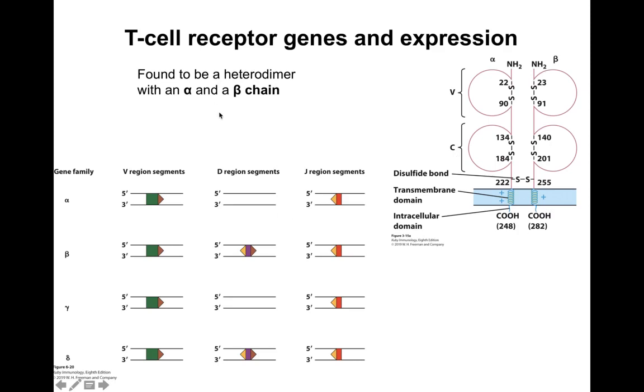And the T cell receptor, the alpha chain, has V and J segments. Similarly, the gamma has V and J segments, whereas the beta and delta have V, D, and J segments.